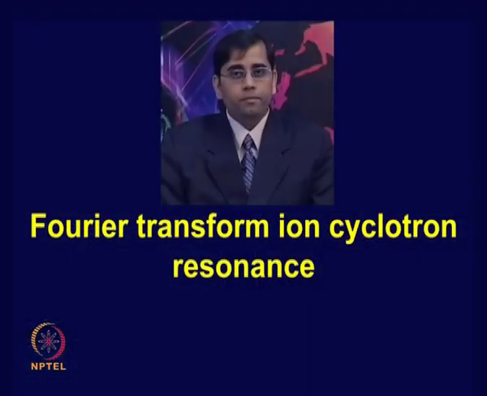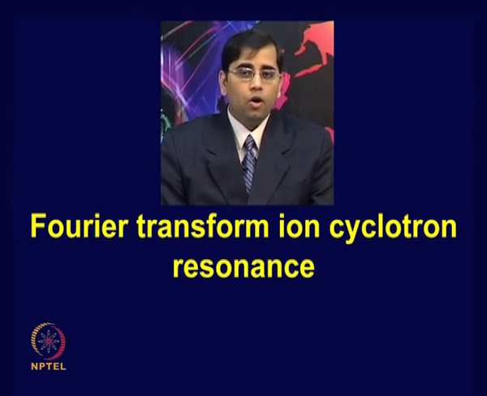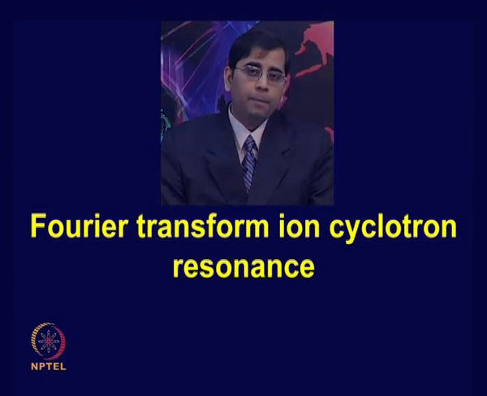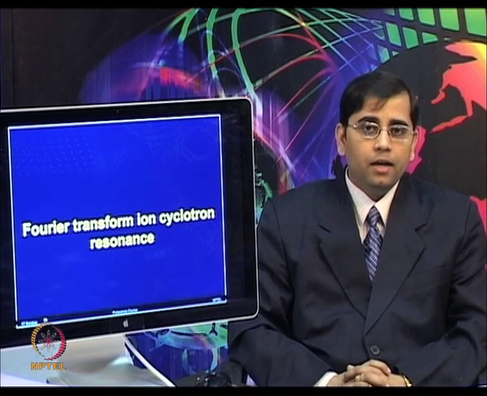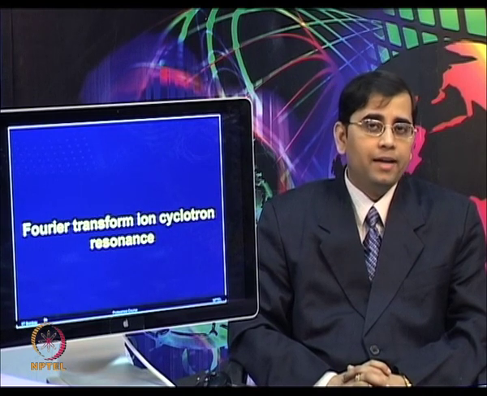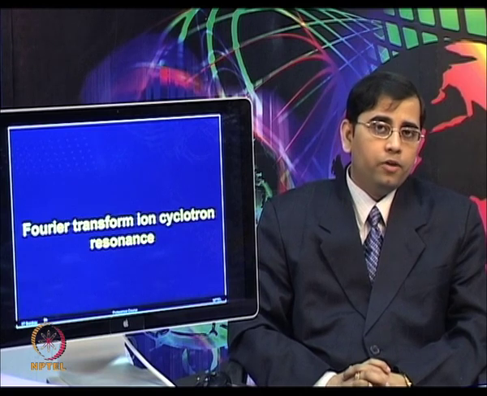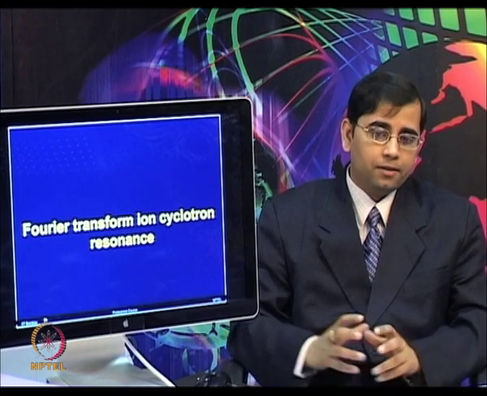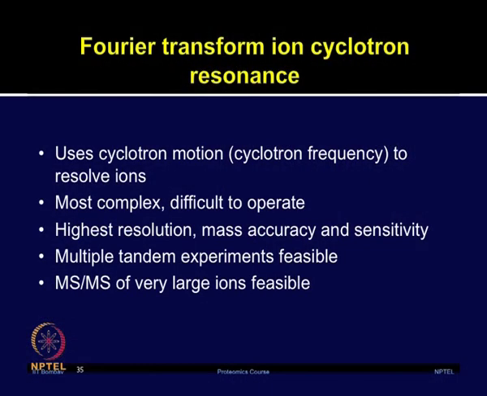One important mass analyzer is Fourier transform ion cyclotron resonance, or FTICR. Due to its high resolution and MS-MS capabilities, application of FTICR MS in combination with electrospray ionization has been employed for large biomolecules, and now it is also used in proteomics. An FTICR MS can be considered as an ion trap system, where ions are trapped in a magnetic field.